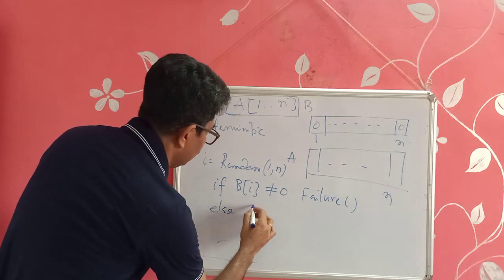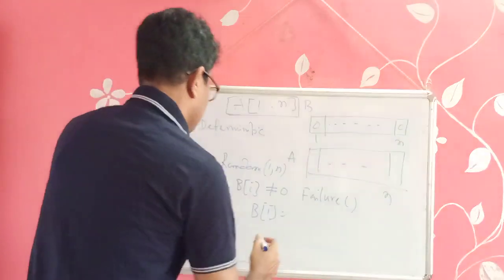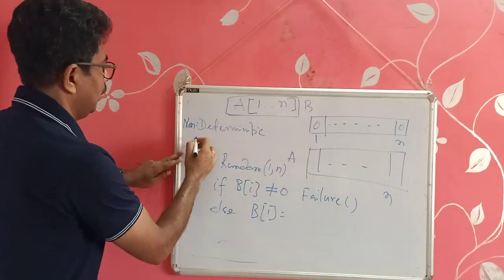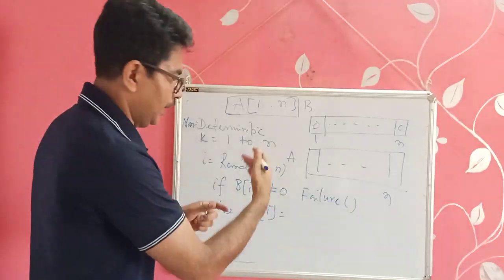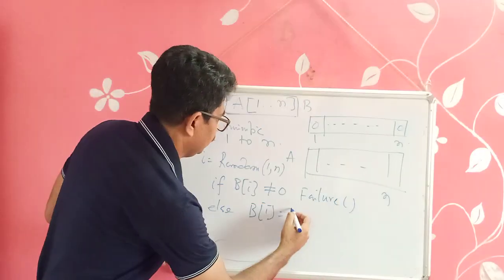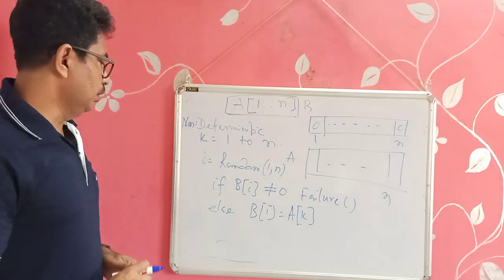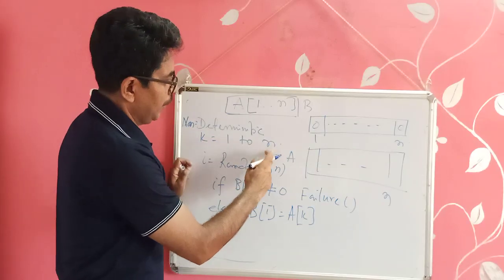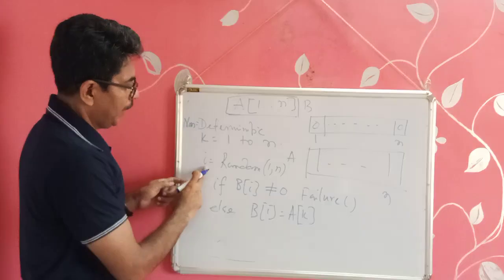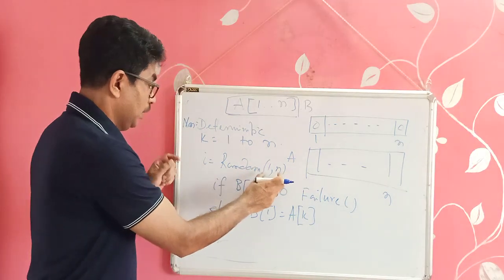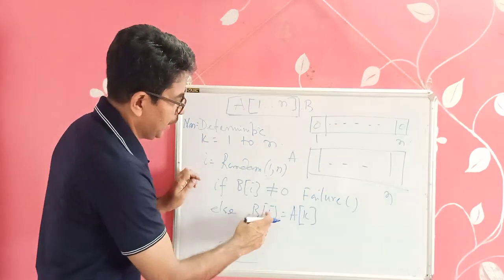Else, we set bi equal to ak, where k goes from 1 to n. That means we select a1, a2, a3, a4 up to an, and i is a randomly selected index from the range 1 to n. If bi is equal to 0, we put bi equals ak.